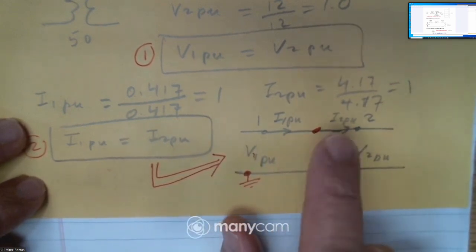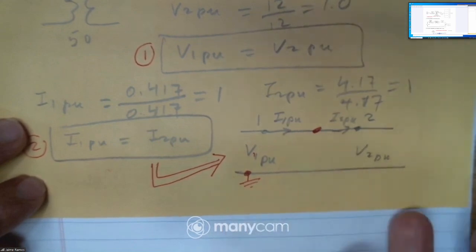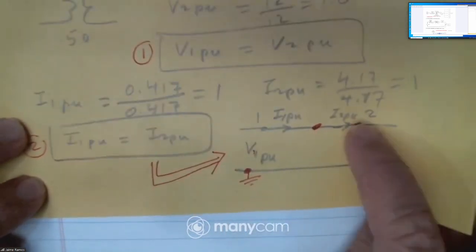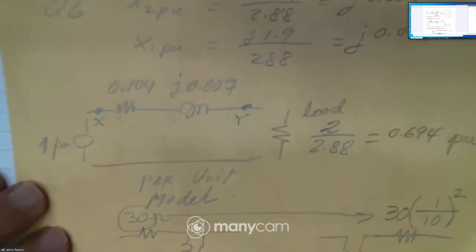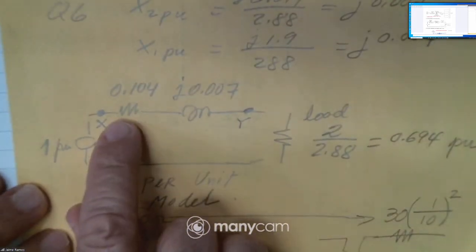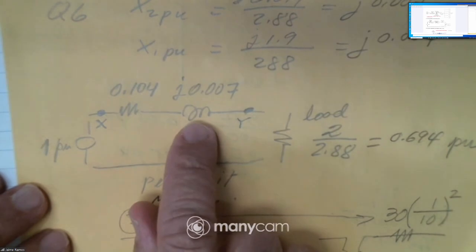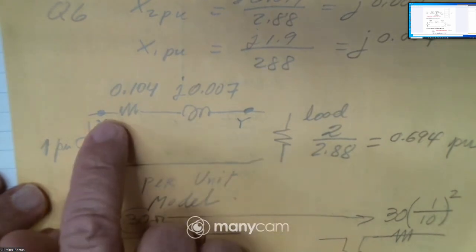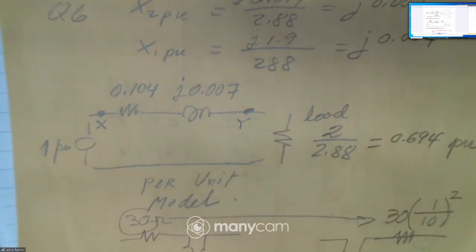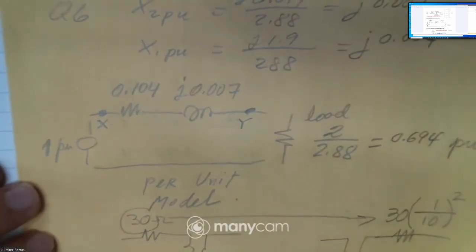This is the case where the transformer is ideal. If the transformer is not ideal, then this is what happens. Now the resistance and the reactance of the transformer are connected in between.